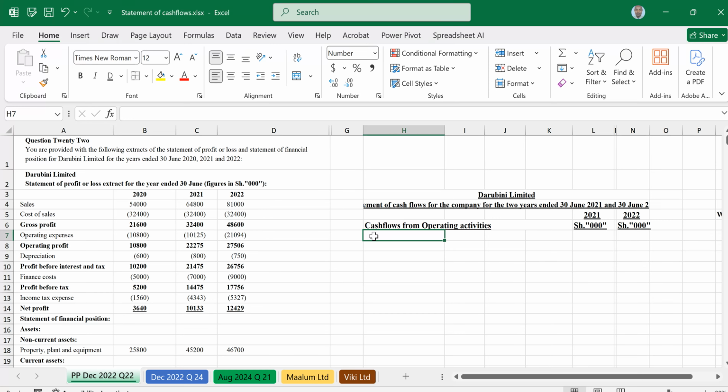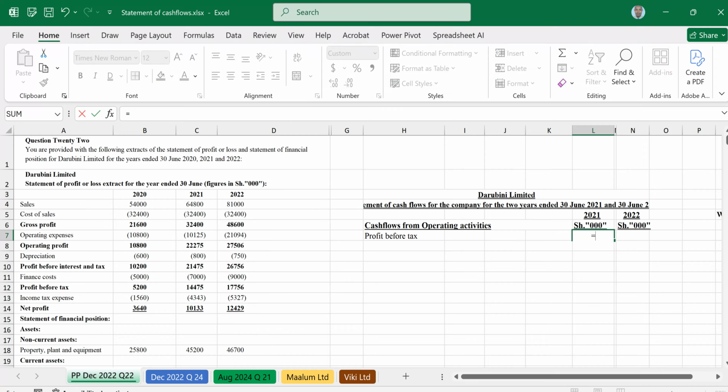We will start with profit before tax, just like the other one. Profit before tax is given as, for 2021, negative 14,447.